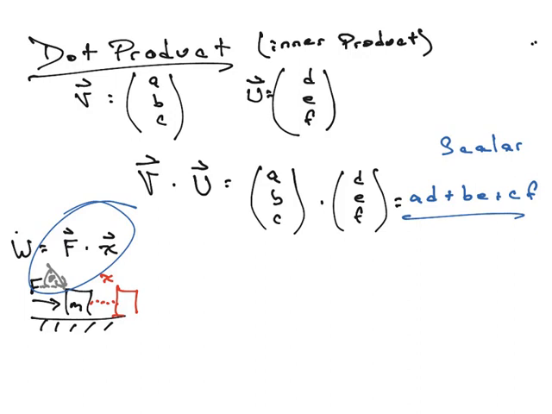You say the amount of work done in the x direction plus the amount of work done in the y direction plus the amount of work done in the z direction is the total amount of work done. So you take the x component of F times the x component of the distance traveled, plus the y component of your force times the y component of the distance traveled, plus the z component of your force times the z component of the distance traveled, right? So x times x plus y times y plus z times z. That's how you do the dot product.